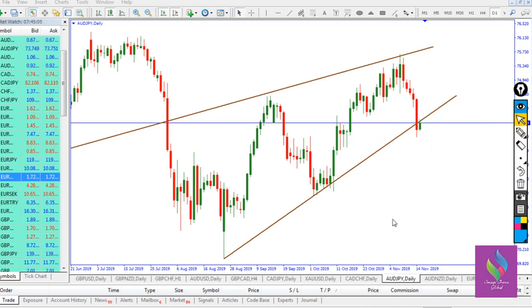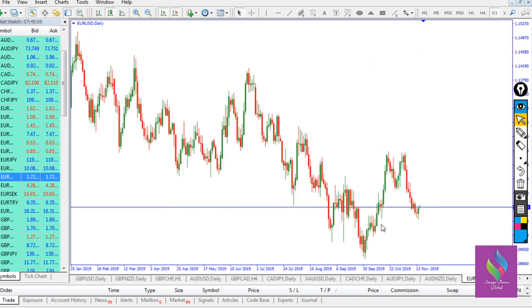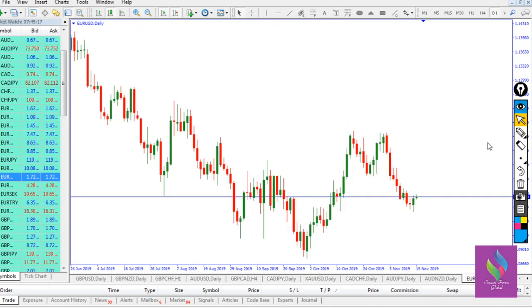Okay, so then let's look into USD. Euro USD has been very nice. We've been able to get into the Euro USD right in here, and those who are in our group channel took this position, and you can see a very nice setup right there, and we joined the trade.